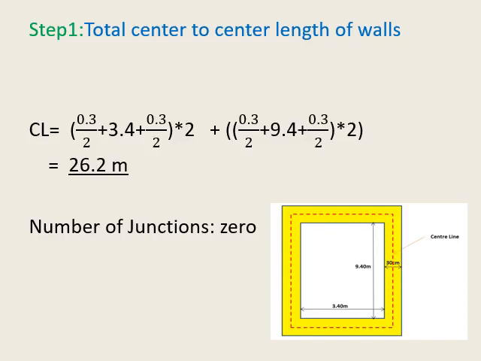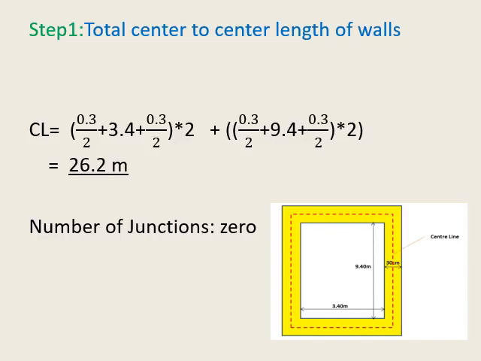Plus again the long walls, that is 0.3 by 2 plus 9.4 plus 0.3 by 2, into 2. There are 2 long walls. If you simplify that, you will get 26.2 meter. Now the total center to center length of this plan is 26.2 meter.